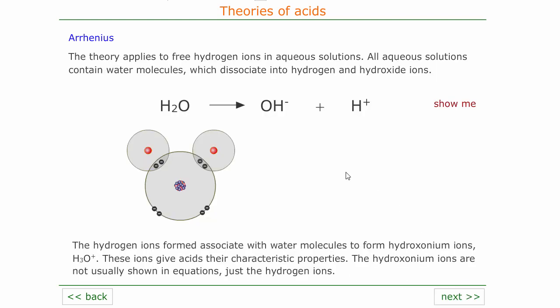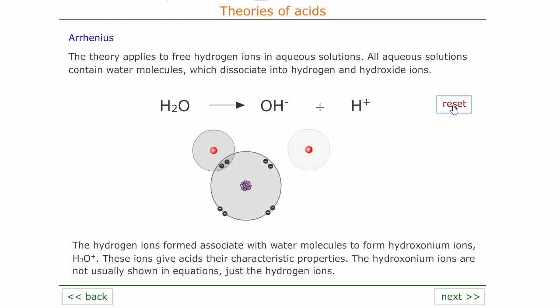And just to remind you that Arrhenius is all about free hydrogen ions in aqueous solutions. All aqueous solutions contain water molecules, and water molecules themselves dissociate into hydrogen and hydroxide ions. You can see the process here. Here's a water molecule, and dissociation occurs.